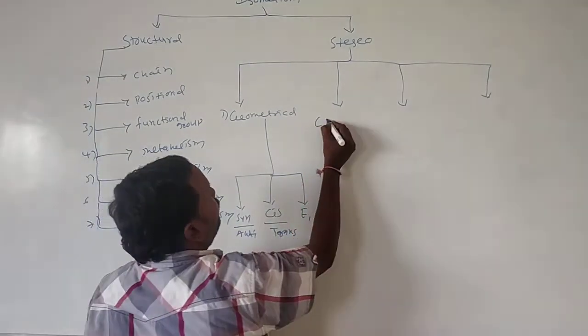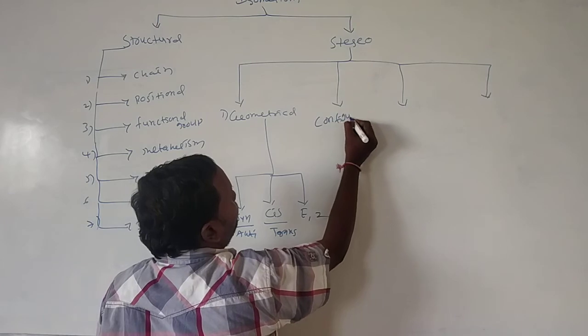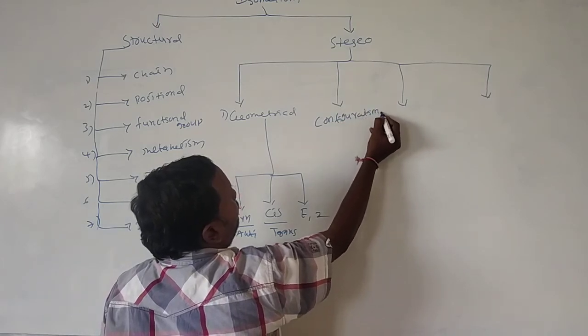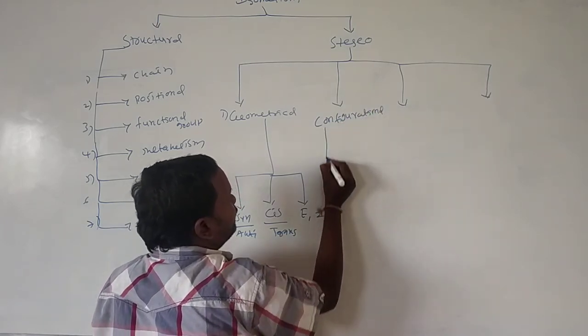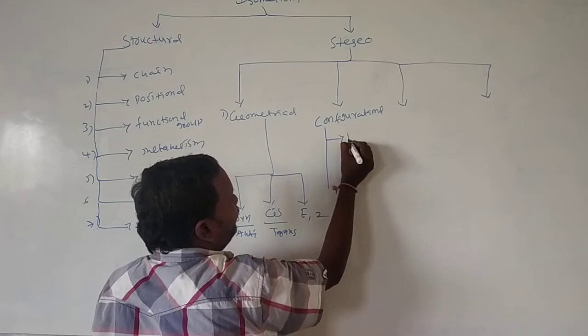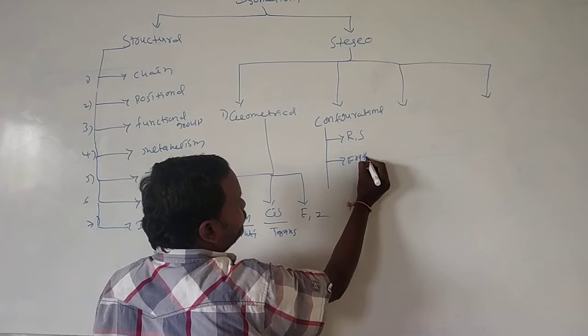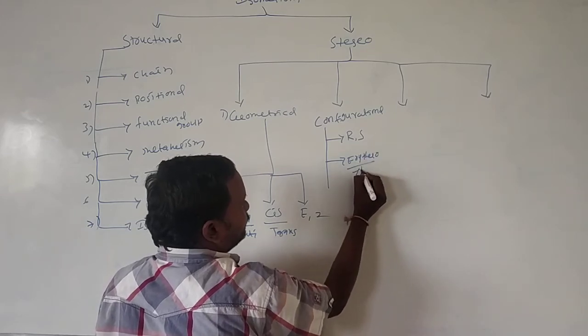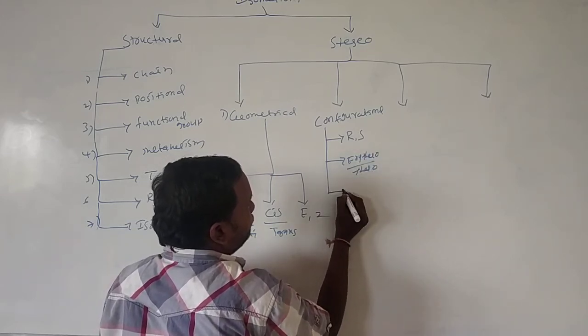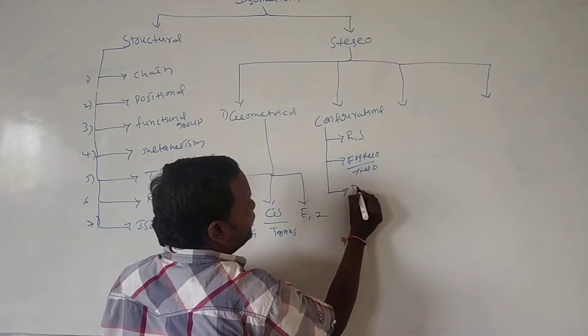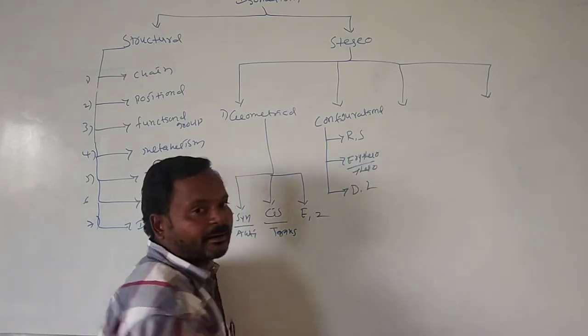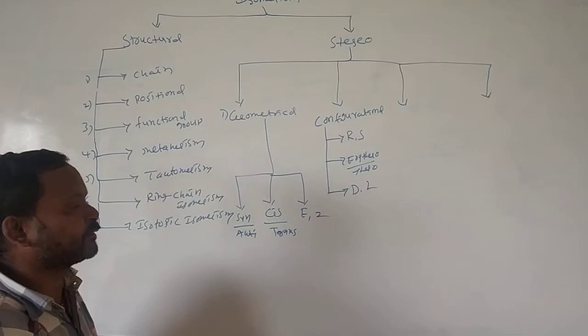Next, configurational isomerism. In configurational isomerism, I explained RS configuration, erythro and threo configurational isomerism, and after that DL isomerism. I explained all these configurational isomers.